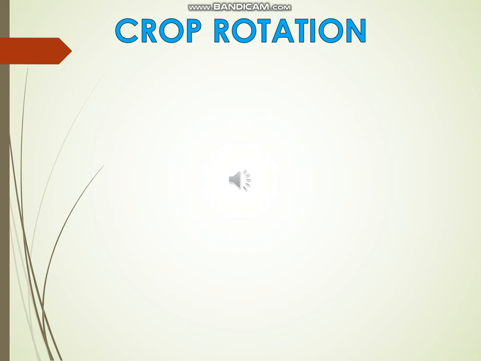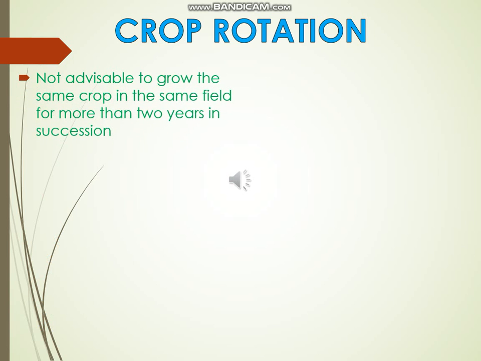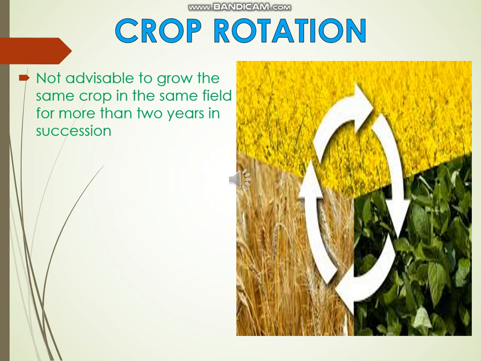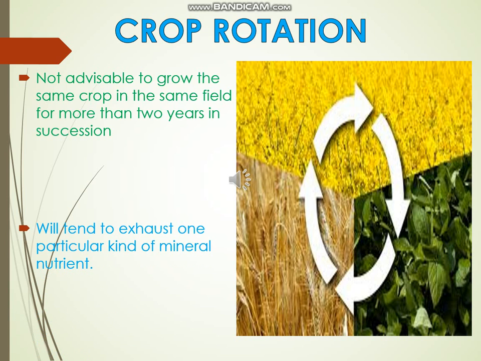Crop rotation. It is not advisable to grow the same crop in the same field for more than 2 years in succession, as the crop will tend to exhaust one particular kind of mineral nutrient. For example, potatoes require much potash, but wheat requires nitrates. Thus, it is best to alternate crops in the fields.